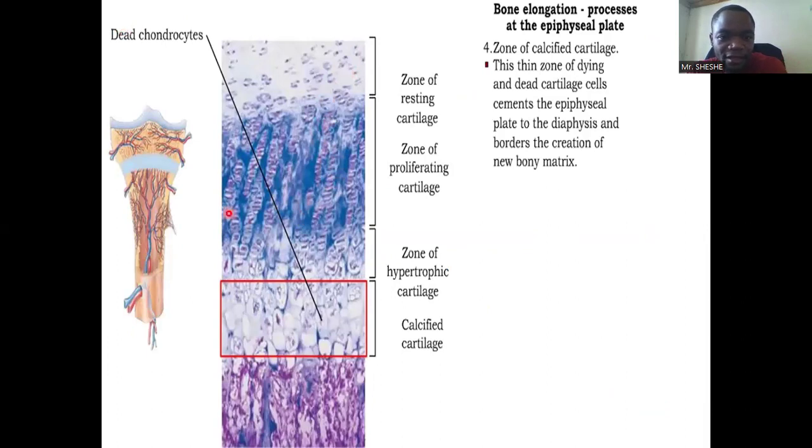epiphysis. Next layer now, you can see that these cells have a well-organized pattern. You see those columns packed with cells. So this is not one cell, but multiple cells, but this time they are organized. So we call that a proliferative zone. So cells, first they were resting.